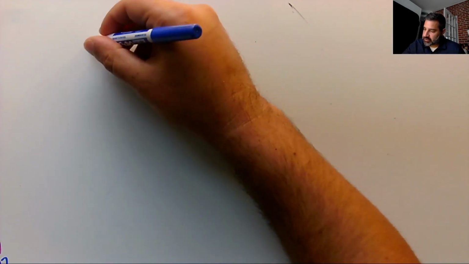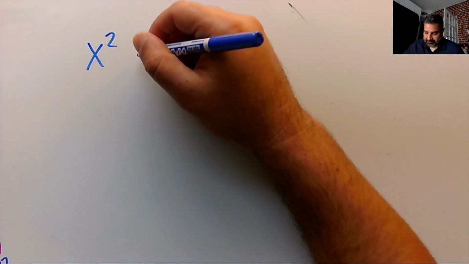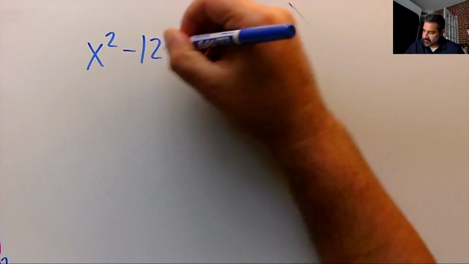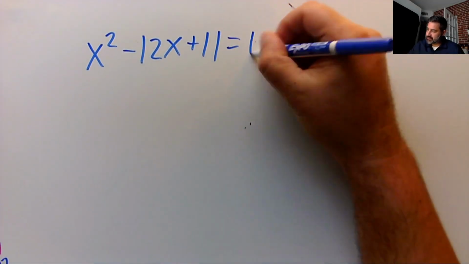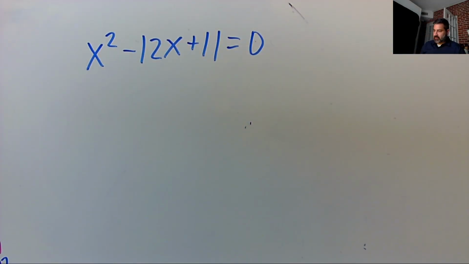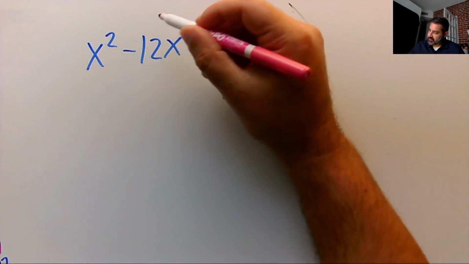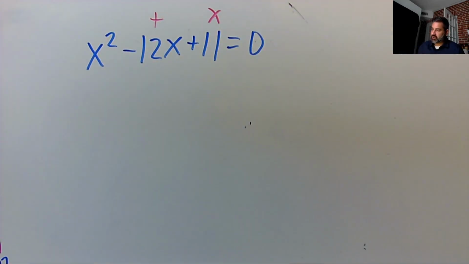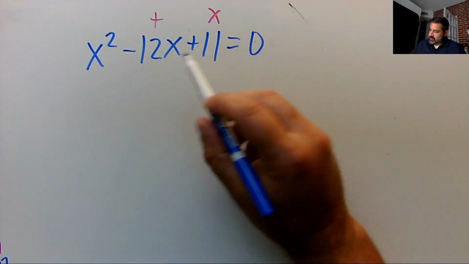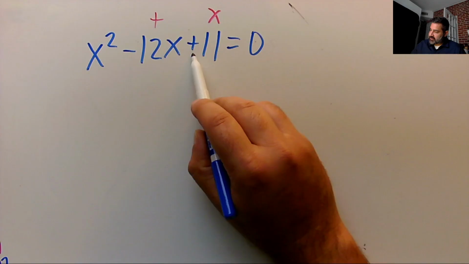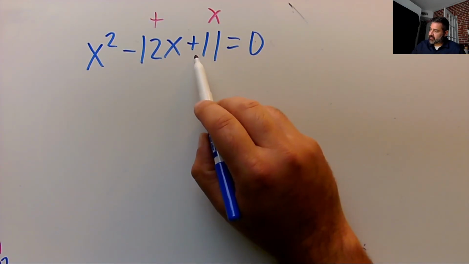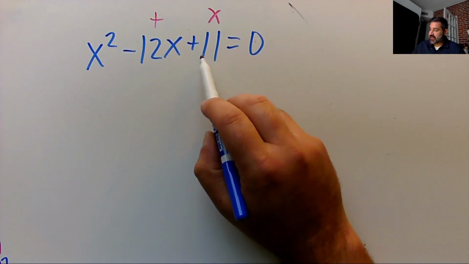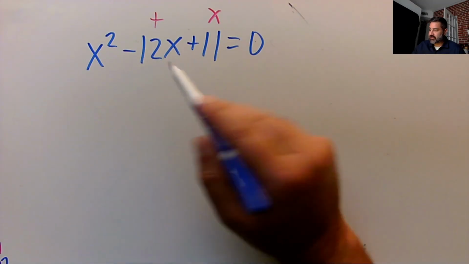Let's do a little bit more difficult. I'm going to do x squared minus 12x plus 11 equals 0. All right, so we need to multiply to 11 and add up to negative 12. Since this is a positive number and this is a negative number, we know that the two numbers that multiply to 11 have got to be negative so that they can add up to negative 12.